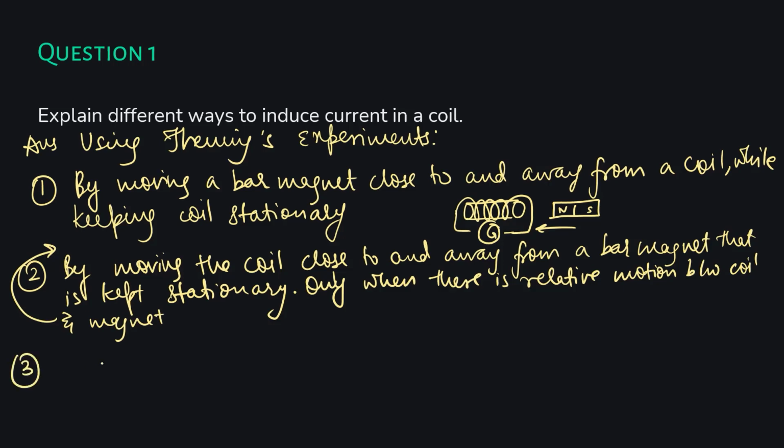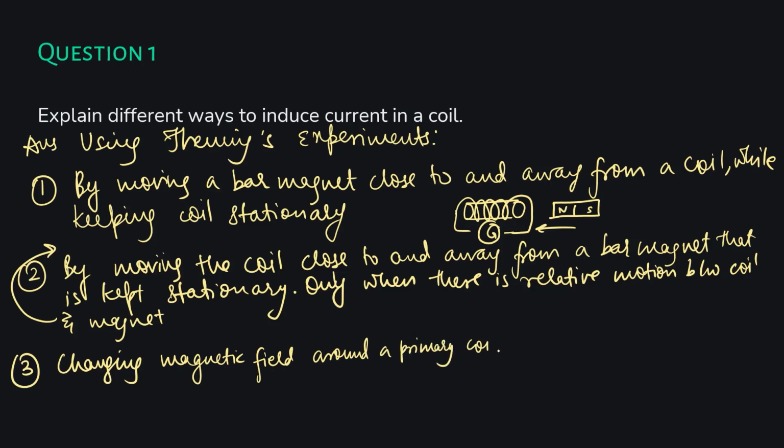Great. This last point was by changing magnetic field around a primary coil by changing the current through it. How do we change the current?